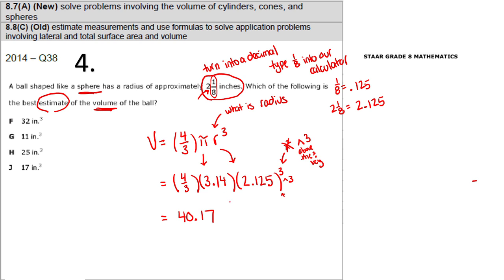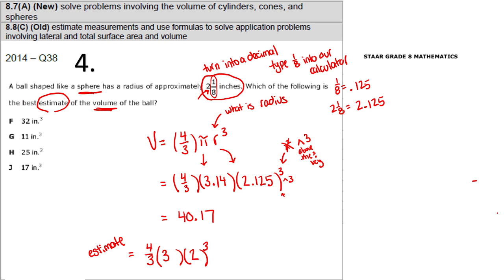That means they probably did this. They did 4/3 instead of 3.14, probably 3 instead of 2.125, and 2 to the 3rd power.